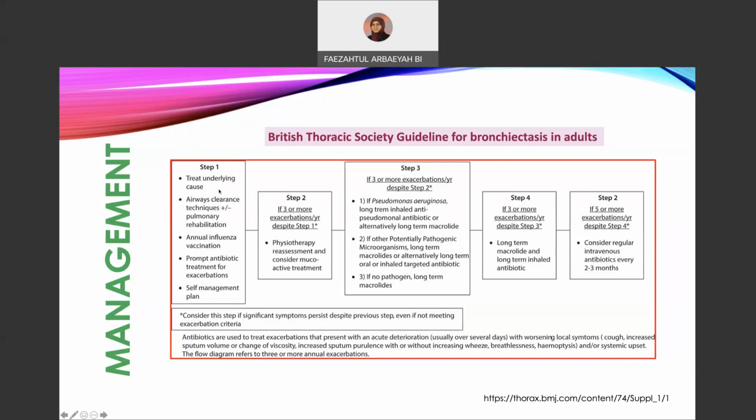Also get the physiotherapists to come and see the patient for chest rehabilitation. They have to learn how to clear their lungs by spitting out the sputum. Advice on annual flu vaccination. Some patients may need prophylactic antibiotics to prevent repeated chest infections. And a few other steps here you can read up on your own.